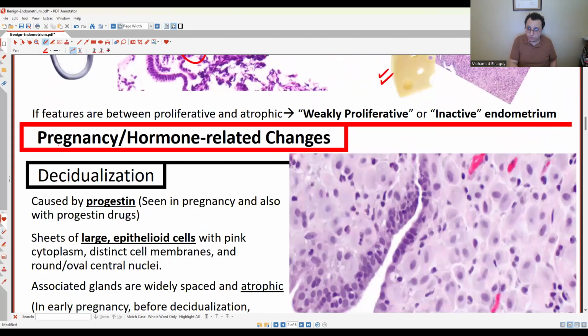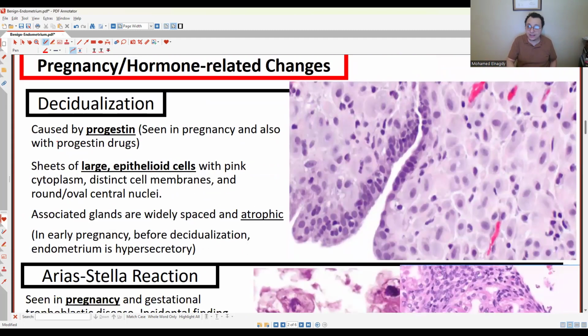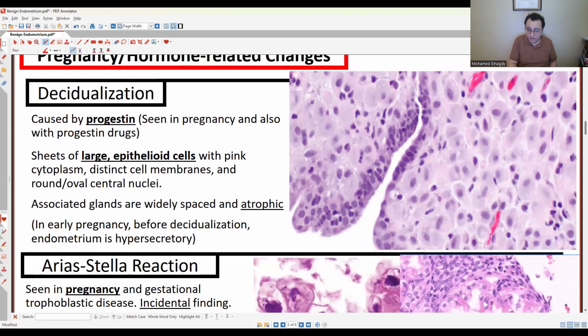Atrophic endometrium is also benign. This is very common, very common in our practice. Not common in the board Q banks though, but it's very common in our daily practice. You know why?